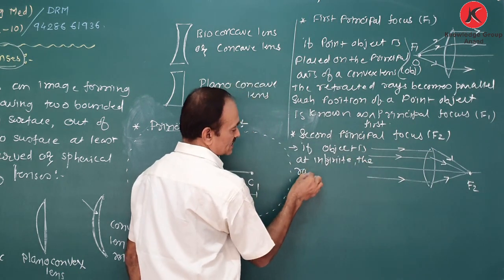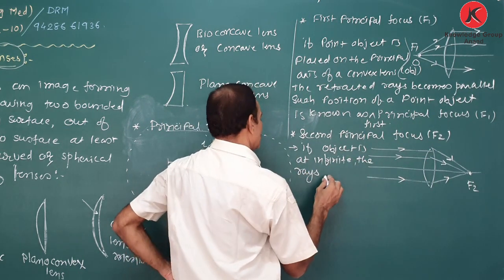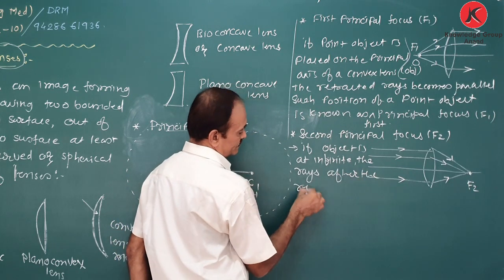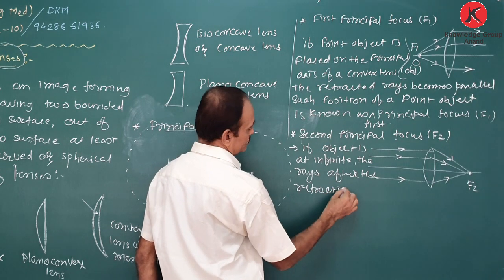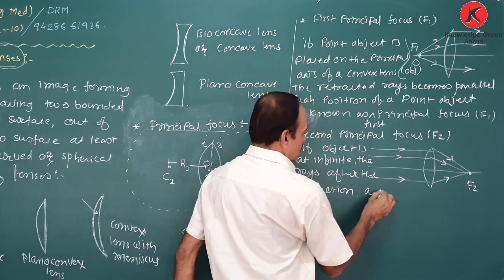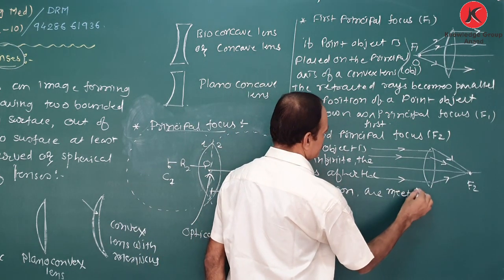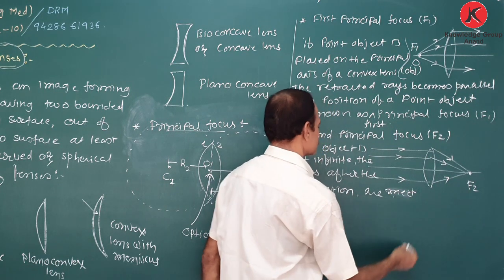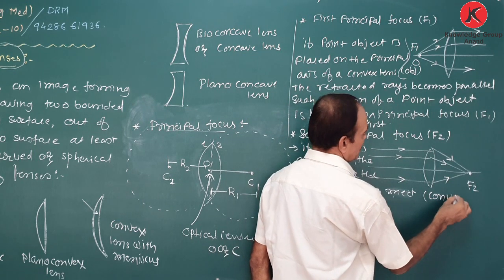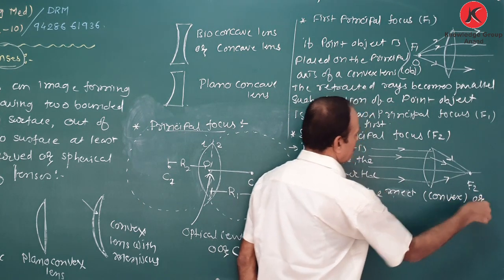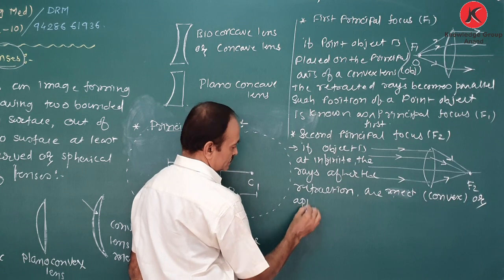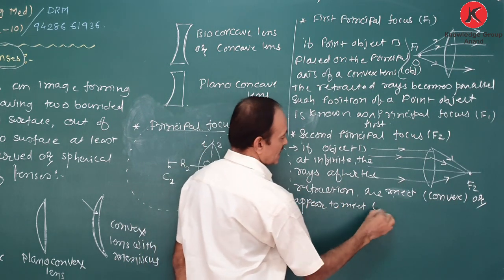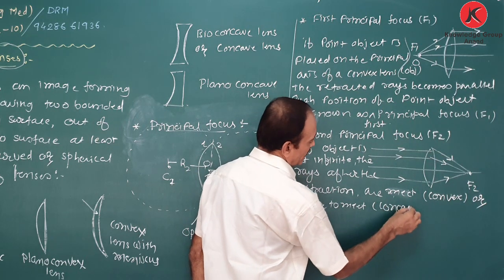The rays after the refraction meet in the case of a convex lens, or appear to meet in the case of a concave lens.